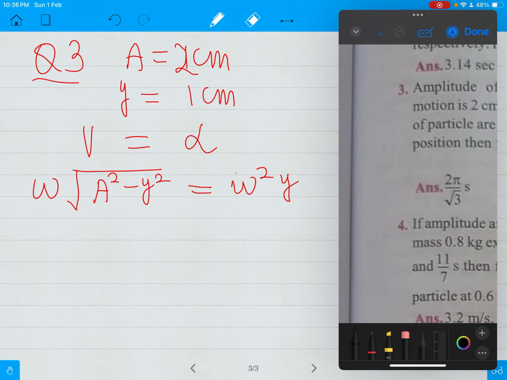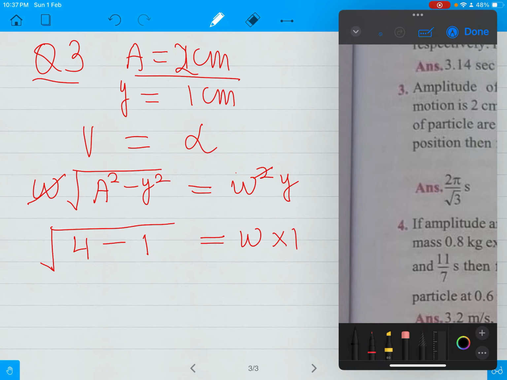Now you substitute the values. One omega will be cancelled. Now substitute the value. What is A square? A is given 2 centimeter, so 2 square means 4, minus y square, which is 1 square, means 1, equals omega into y, which is 1.